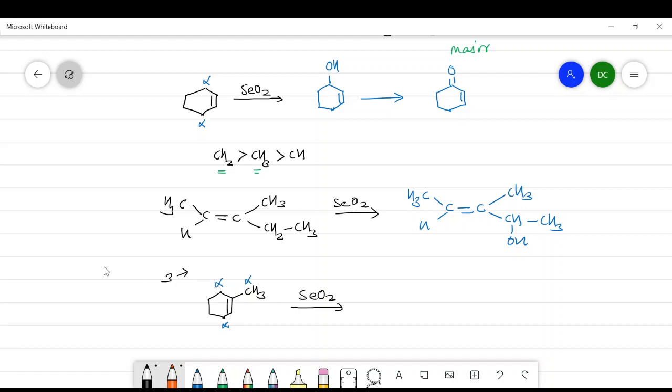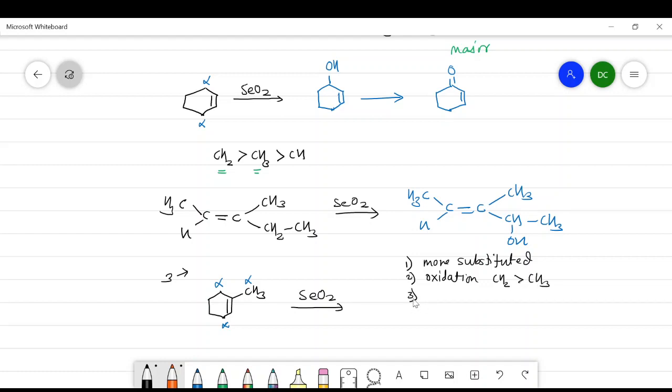Now there are three rules: oxidation at the more substituted side. Second rule, oxidation of CH2 rather than CH3.